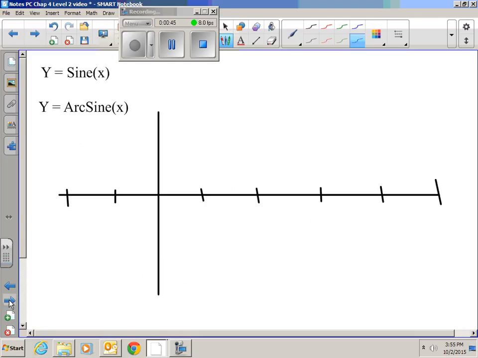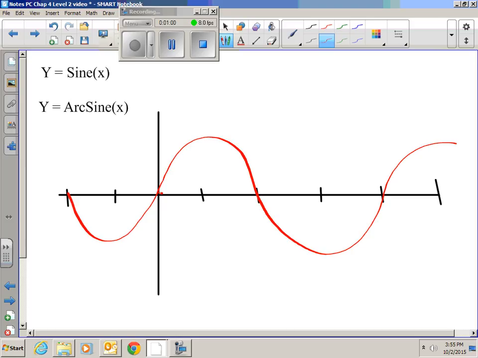So if we look at the function y equals sine x, I'm going to do that in red, it looks something like this. It goes on forever. We can see now in y equals sine x, my inputs are my angles. So on the x-axis we have our angles, and in this case it's 0 to 360.